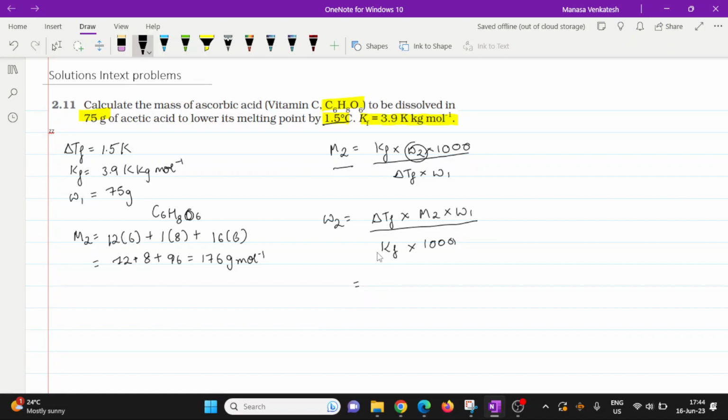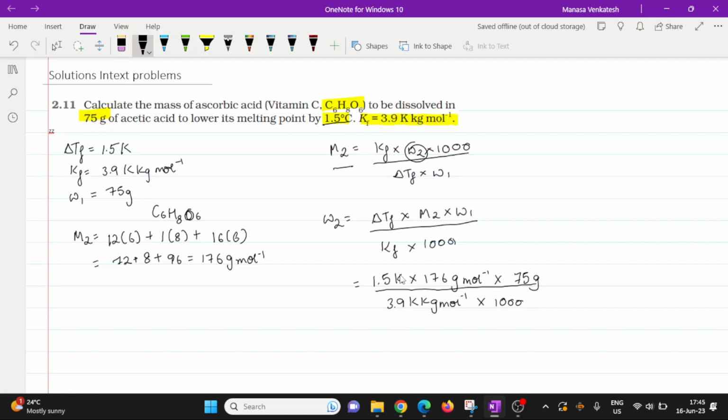So that's equal to delta Tf 1.5 Kelvin into M2, which is 176 grams per mole, into W1, 75 grams, whole divided by Kf, which is 3.9 Kelvin kilogram per mole, into 1000. And yes, if you notice Kelvin and Kelvin, you can cancel it.